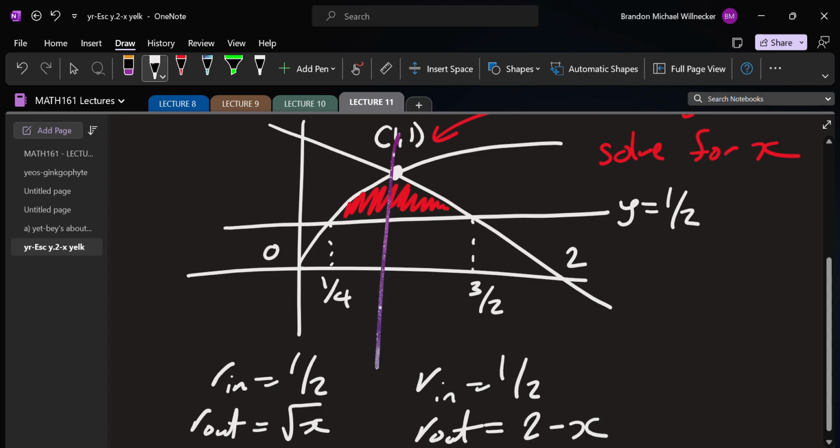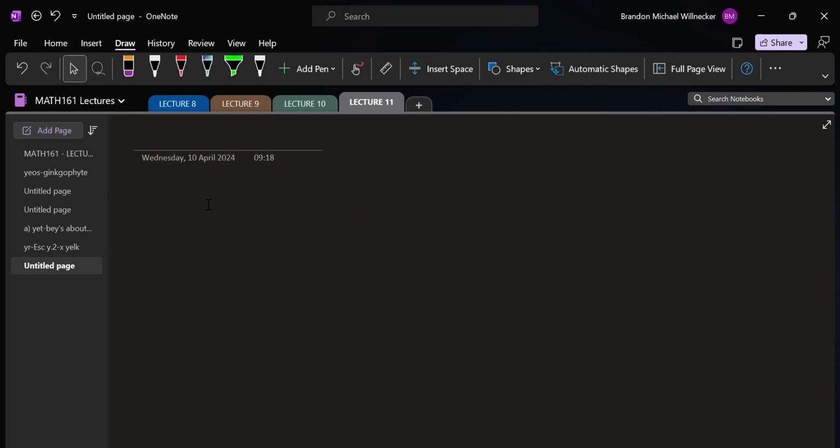So the inside radius is still a half, and the outer radius is now 2 minus x, because that top line changed. Before it was root x, now the top line is 2 minus x. So the radius changes, so we need to do that as a separate problem. Okay, good. Any other questions?